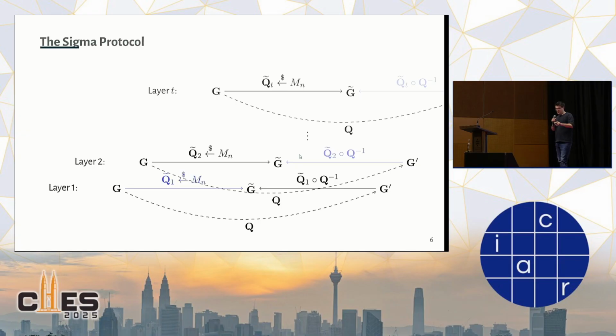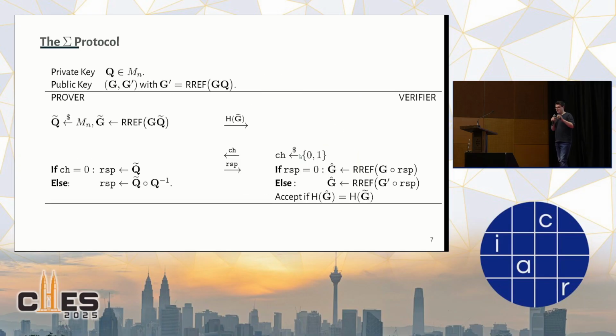To better understand what's going on in detail, I'm now going to zoom in a little bit and show you a few details of this protocol. Again, we have our private monomial matrix Q, and our public key containing the two matrices, G and G prime.